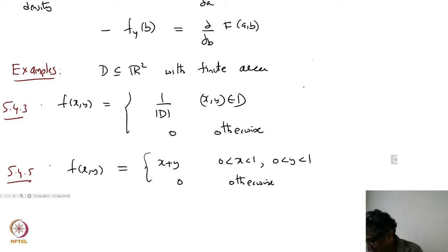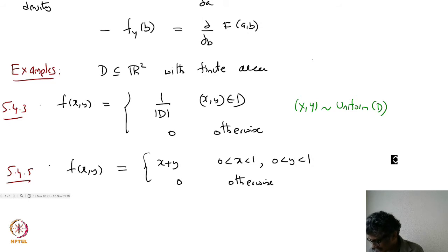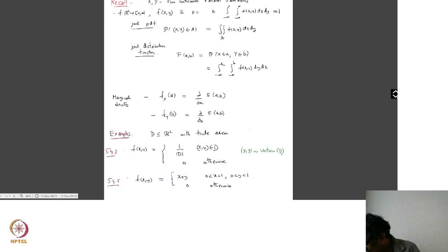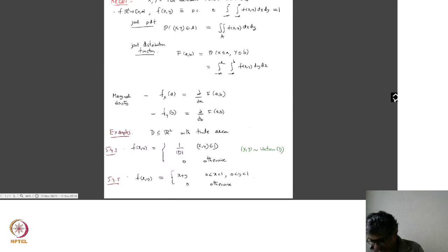In the first one, I had shown you that this was the same as choosing a point uniformly in the region D, and the other was not uniform, something else. That's where we were last time. So we'll just quickly recap so you can see the whole picture.